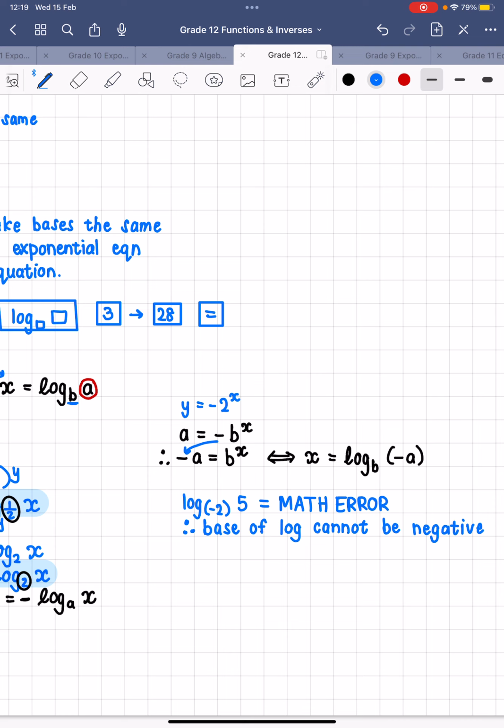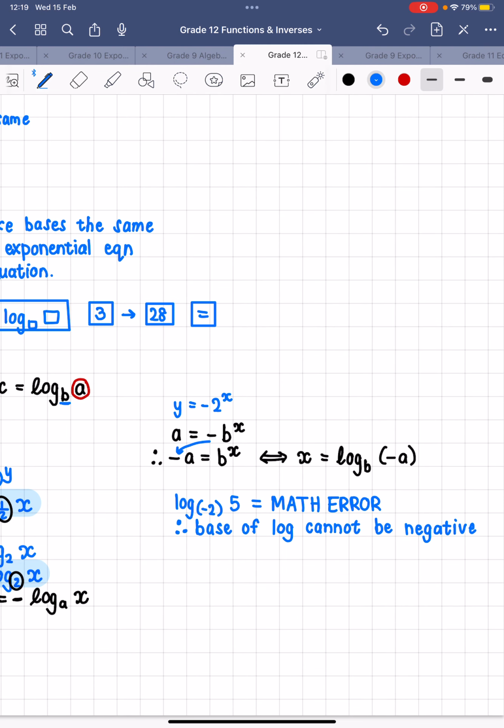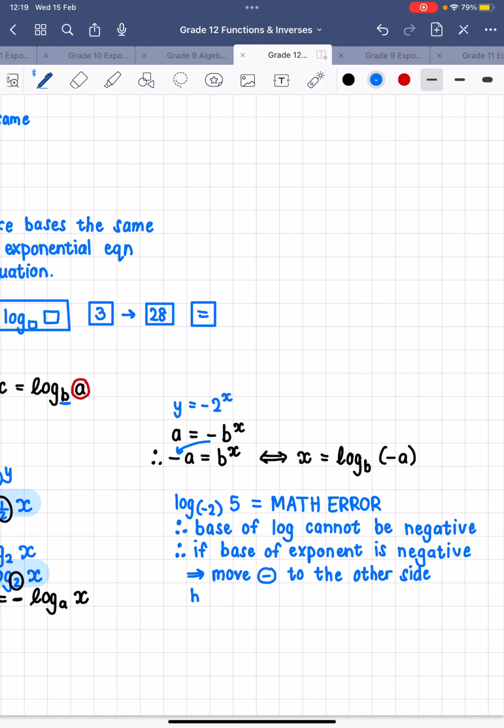So if you have an equation that's written in exponential form and you see that the base of the exponent is negative, then move the minus, I'm just going to put a little circle around it, to the other side before converting to log form.